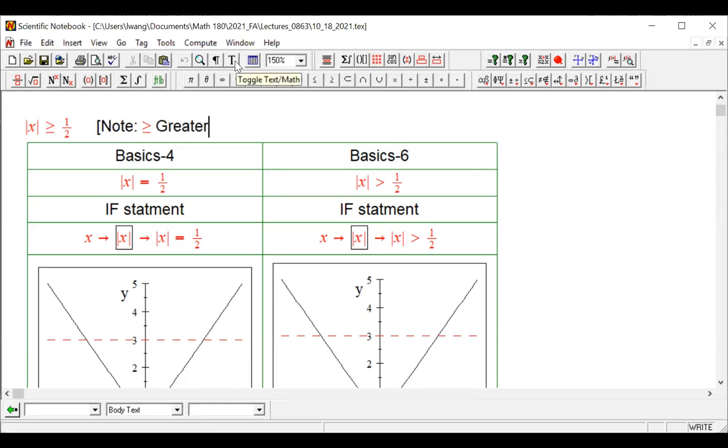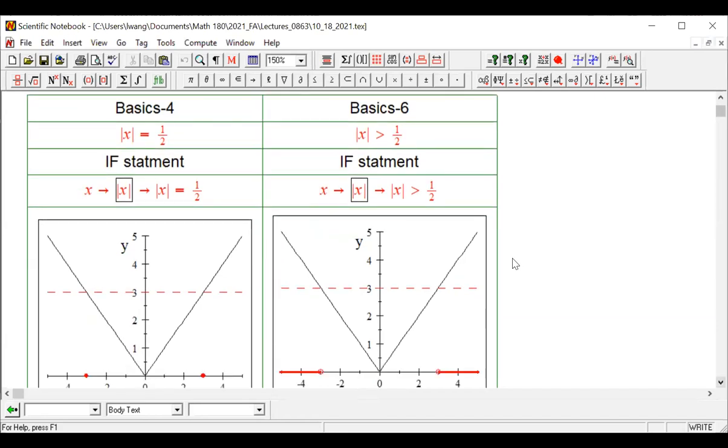Greater than or equal. So this is a greater than and this is an equal. Do you guys follow me? Yes. So greater than or equal to has both, the same if statement setting. What has changed? 3 is changed to half. That's all.